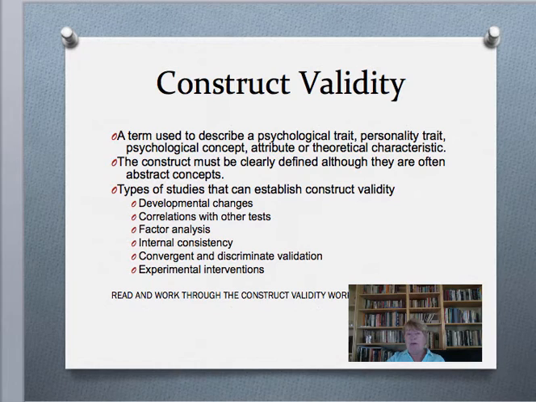Another theory they had was that receptive and expressive language should correlate, so that as your expressive language increased, your receptive language vocabulary would increase as well, that there would be some relationship between those two sub-tests.